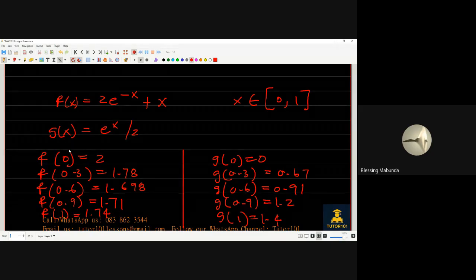So as can be noted here, what we do is compare the output values to determine which function is at the top. So at f of 0, g of 0, we can see that this function is greater. And then f of 0.3 is greater than 0.67, so greater. This 1.698 is greater than 0.91, right? And 1.71 is greater than 1.2. This here is greater than 1.4.